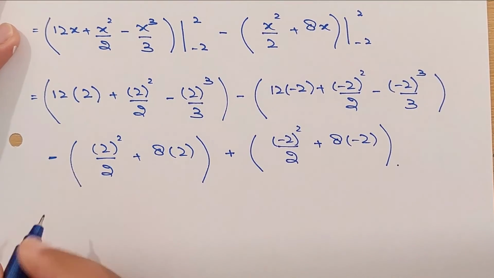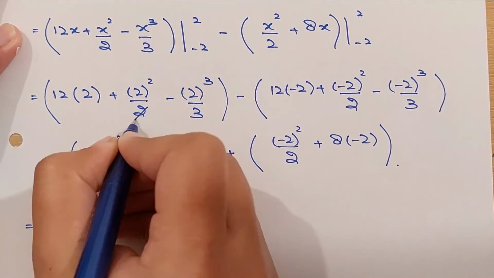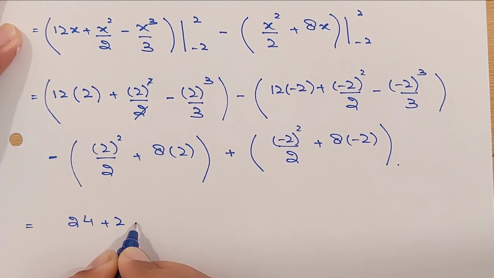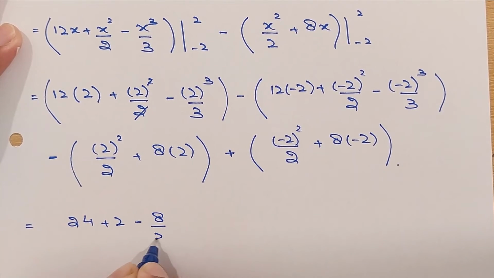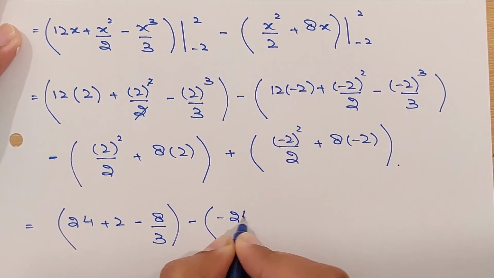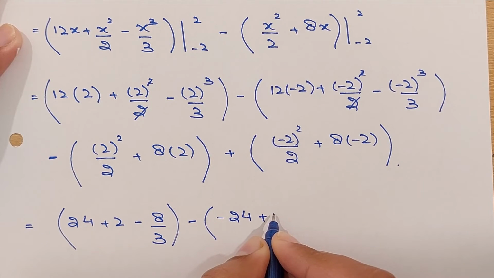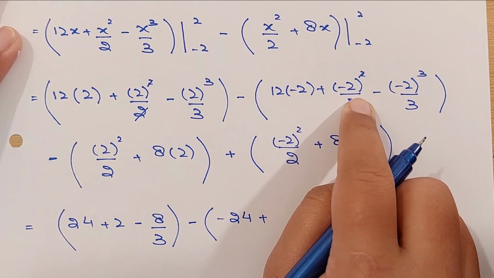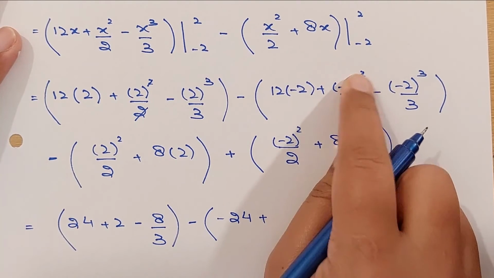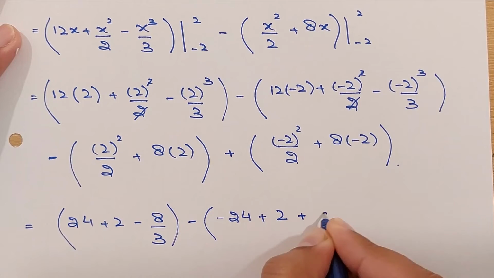Let me simplify to get the shaded area. 12 times 2 is 24, and minus 8 by 3. Right, negative, this is -24. 2 square is 4, -2 square is 4, and 4 divided by 2 is just 2, +2. And negative times negative is +8 by 3.